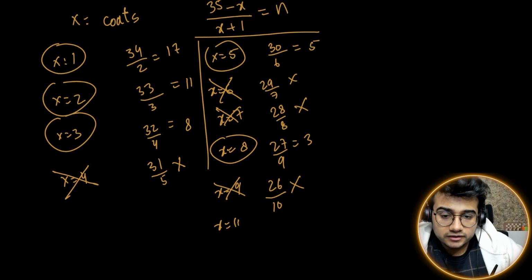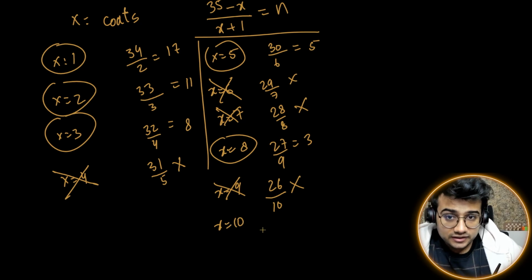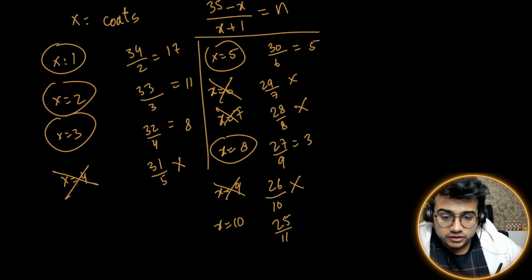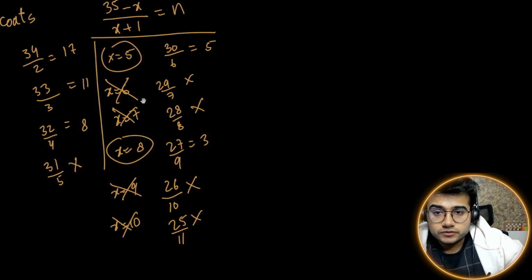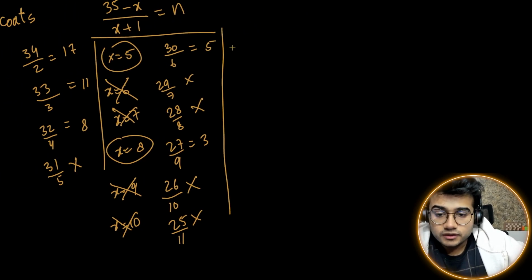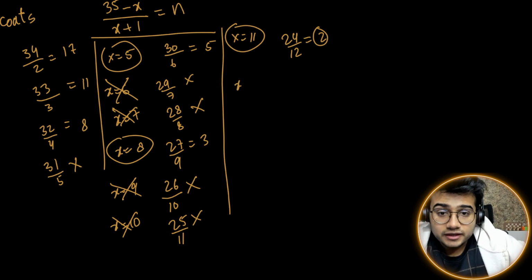X equals 10: 35 minus 10 is 25, 25 over 11, again not a whole number. X equals 11 would be 24 over 12, which is 2, so that works. X equals 12 will be 35 minus 12, which is 23.